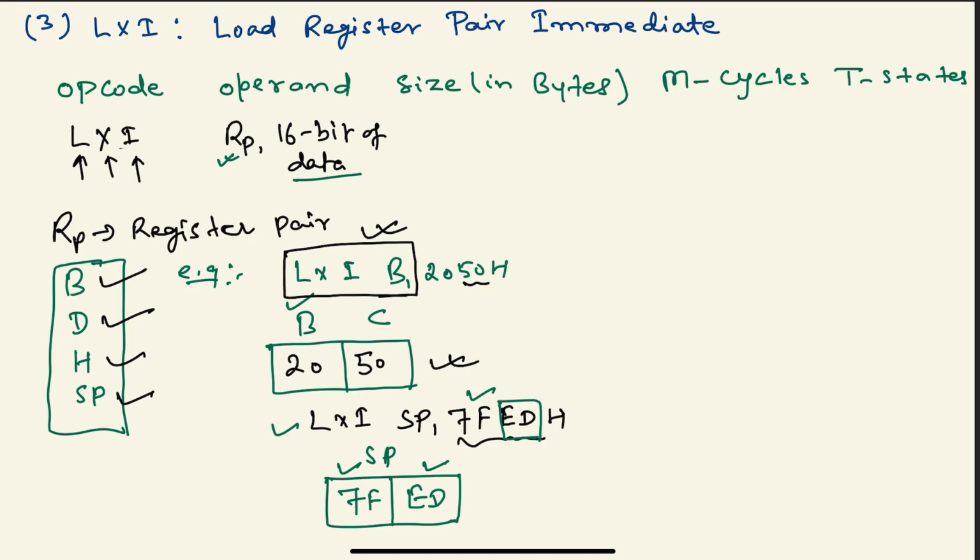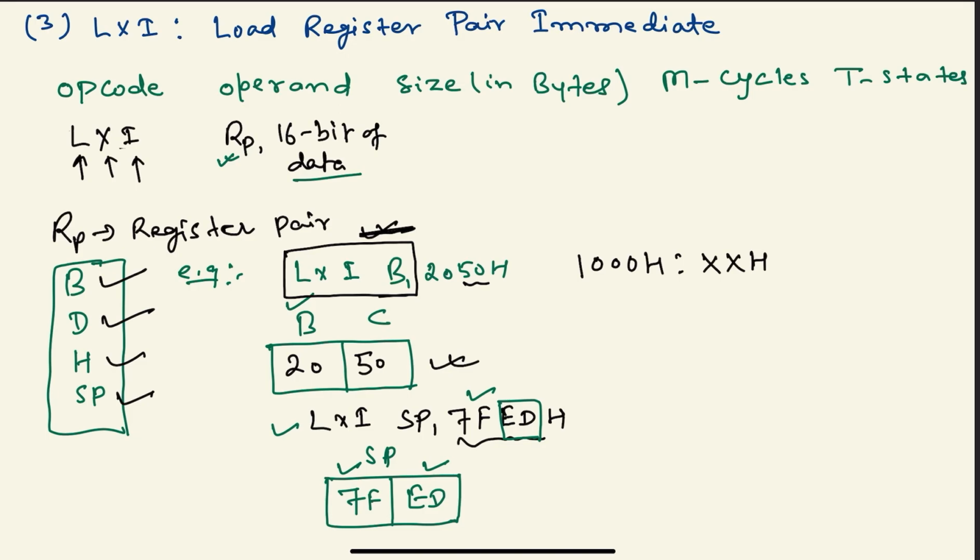Let's assume the starting address for this instruction is 1000H, and the opcode for LXI B has the 8 bit hex code XXH. As we know, one hex digit is equivalent to 4 binary bits, and 2 hex digits are equivalent to 8 binary bits.